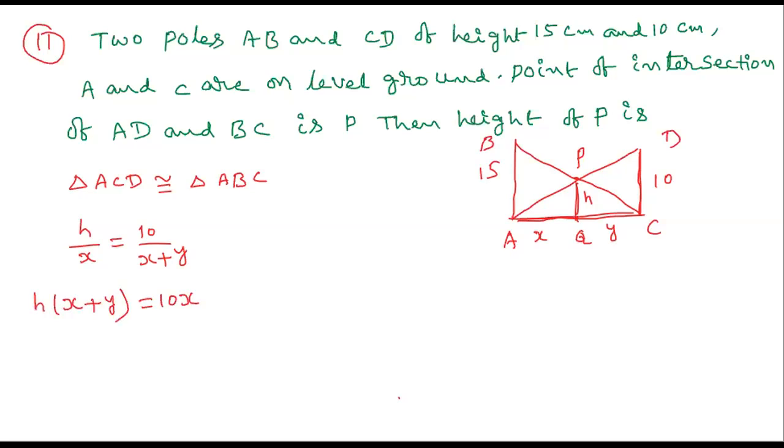Now same like that, go to the another triangle. H by Y is equal to 15 divided by X plus Y. Now take the cross multiplication, H into X plus Y is equal to 15Y.